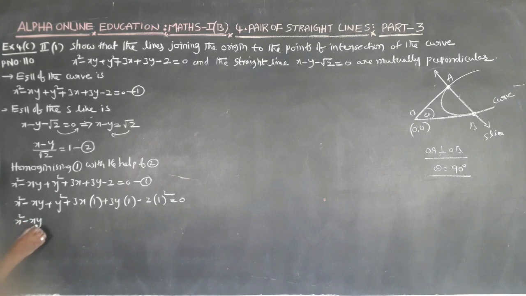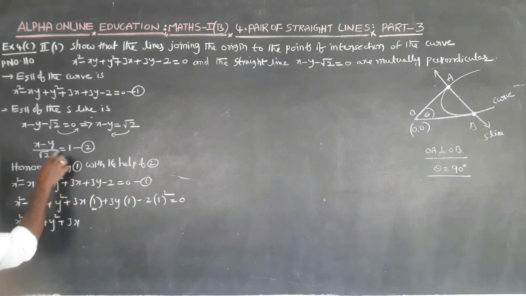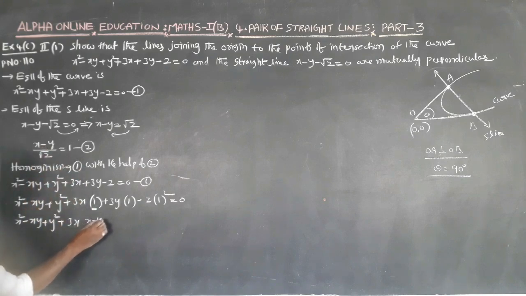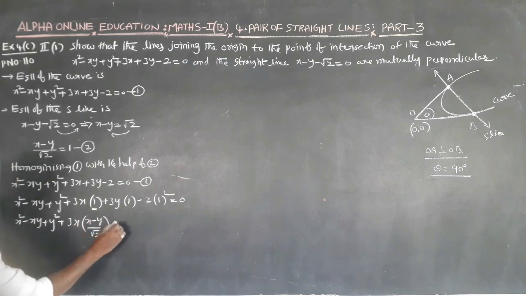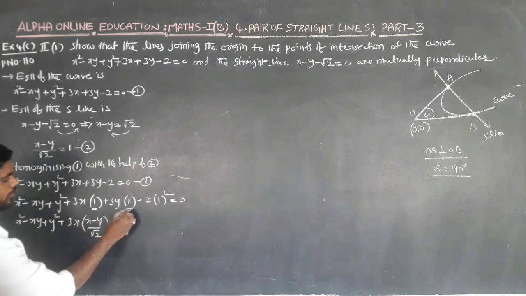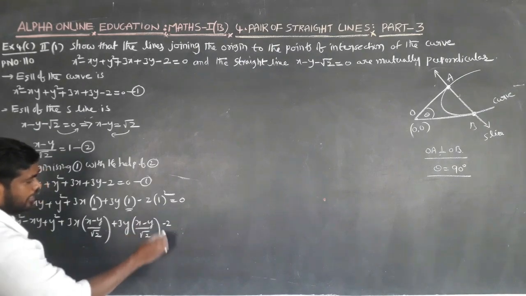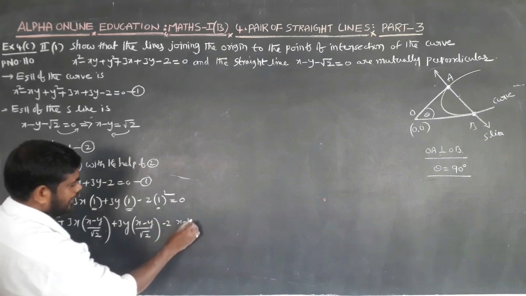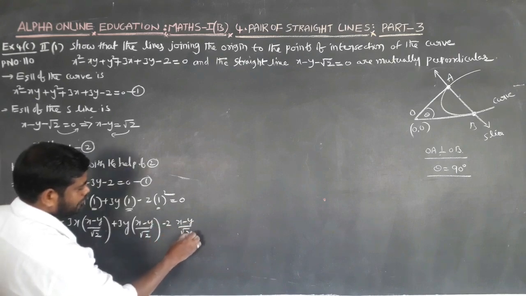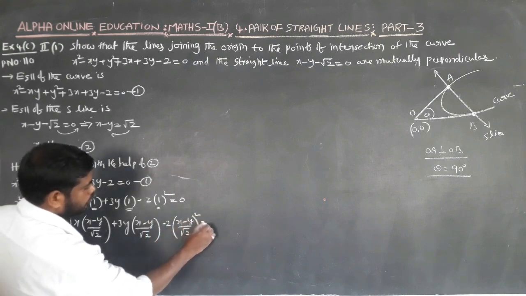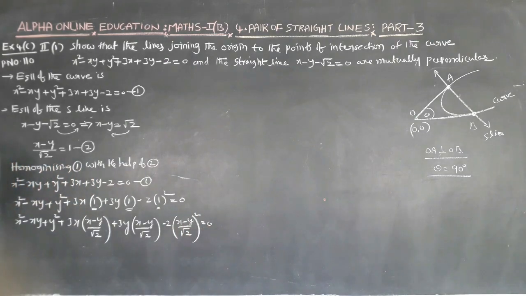x square minus xy plus y square plus 3x into 1, where 1 is equal to x minus y by root 2, plus 3y into x minus y by root 2, minus 2 into 1 square, that is x minus y by root 2 whole square, is equal to 0.